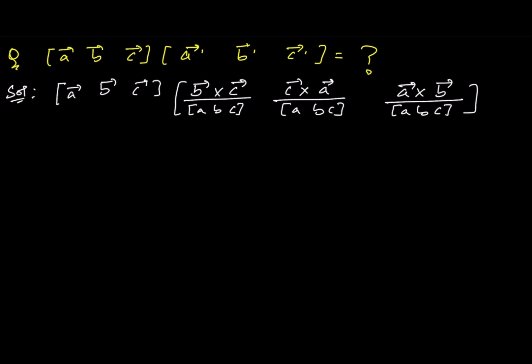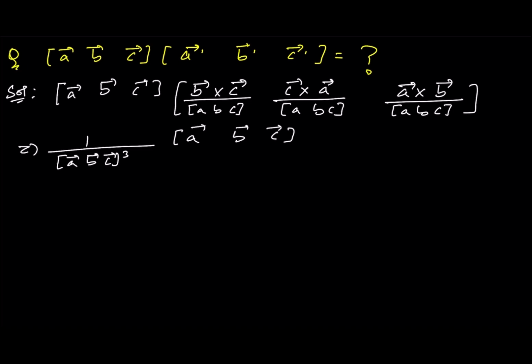Now using properties of determinant, in the second box we will get 1 by box ABC whole cube from the second box, and this box ABC as it is, right?